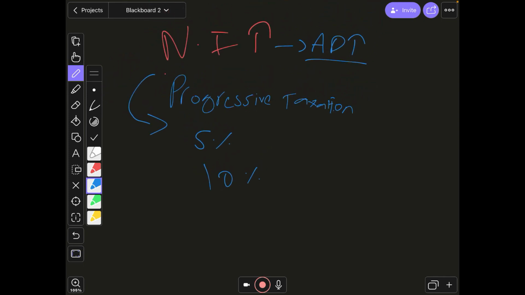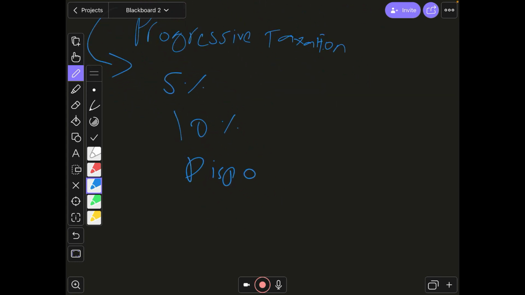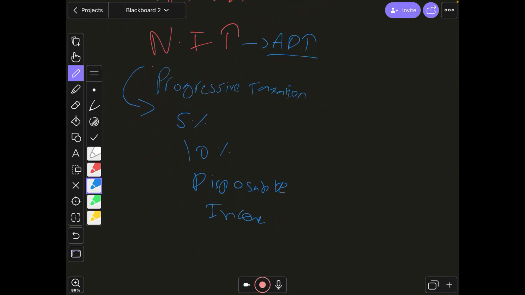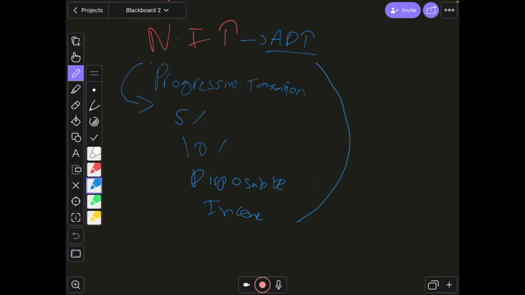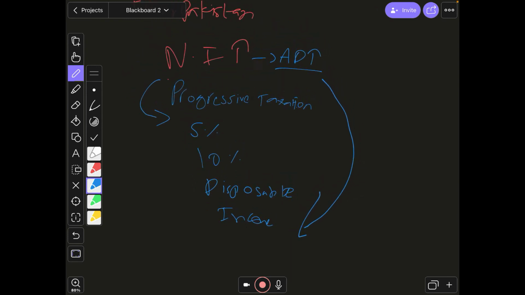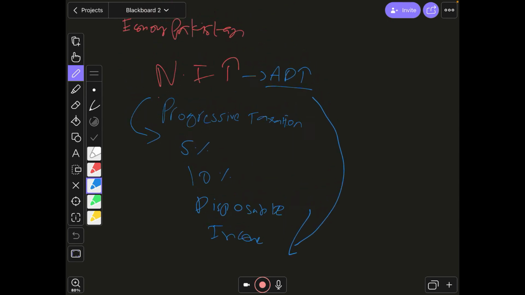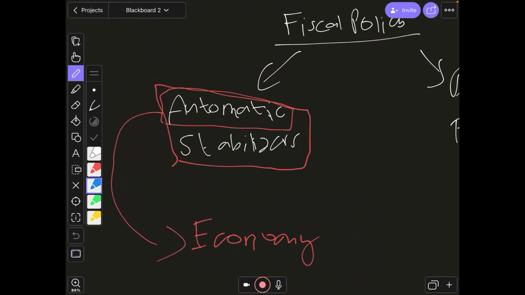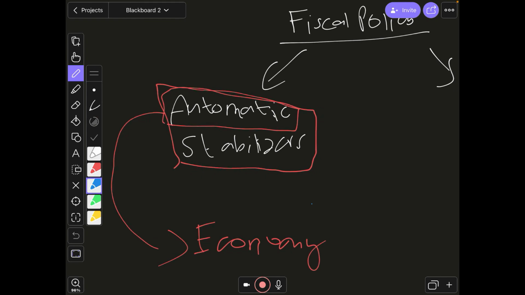And so, the disposable income is the income left after deducting the amount of tax paid. And so the disposable income of these people goes down, which is why we are able to keep aggregate demand at a more stable level, right? And so this is part of the automatic stabilization policy, or the automatic stabilizer part of the fiscal policy.